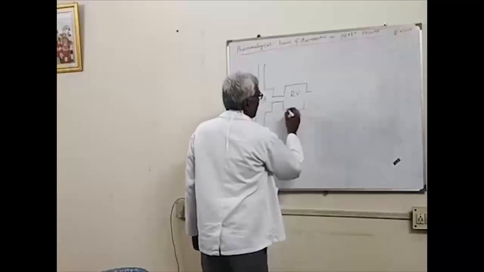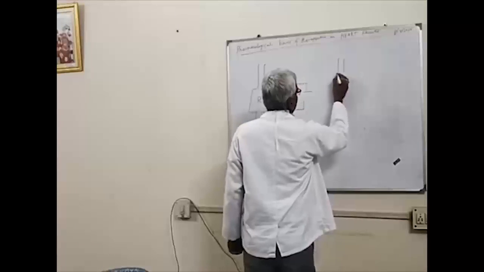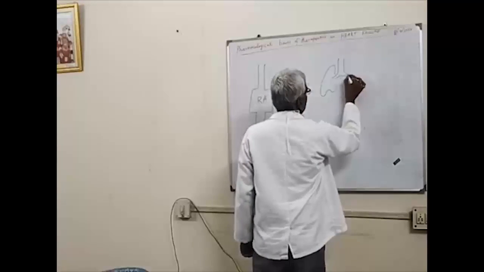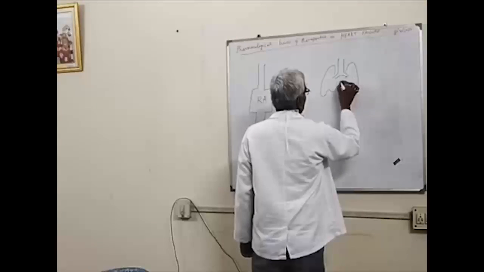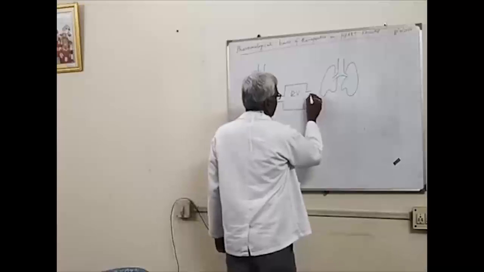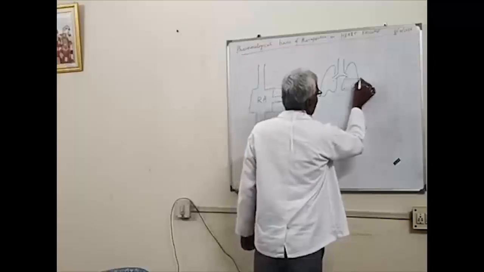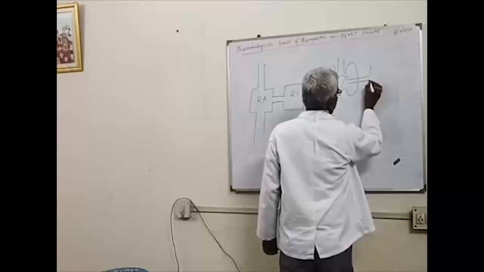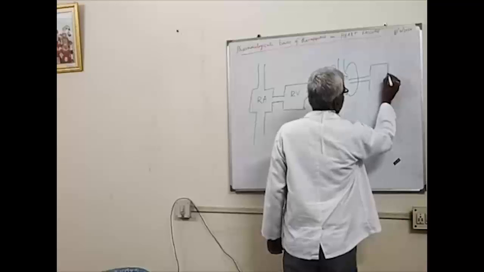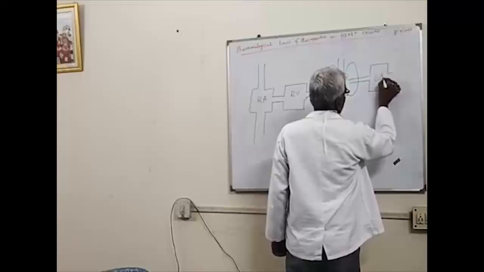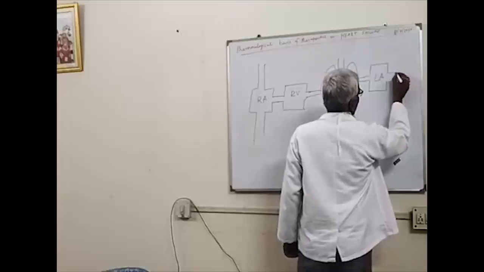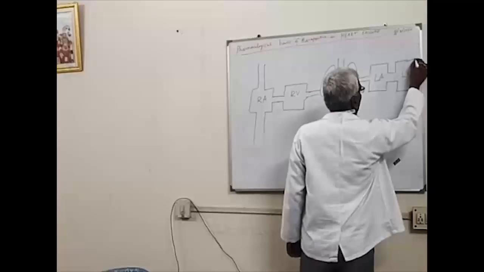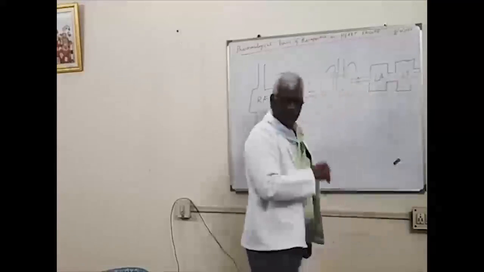From the right ventricle, blood goes to the lungs, where the blood is oxygenated. From the lungs, the oxygenated blood goes to the left atrium, and from the left atrium it goes to the left ventricle, and from the left ventricle it is pumped out into the circulation.